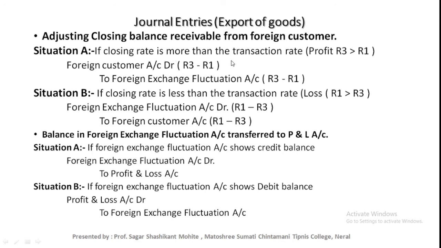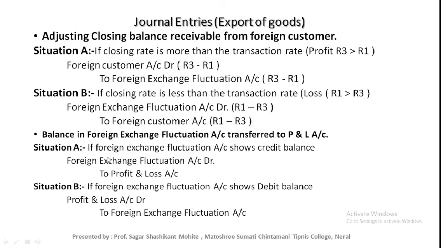If the closing rate is more than the transaction rate, the entry will be foreign customer account debit to foreign exchange fluctuation account for adjustment of the outstanding balance. If the closing rate is less than the transaction rate, there will be a loss, and the entry will be FEF account debit to foreign customer account.